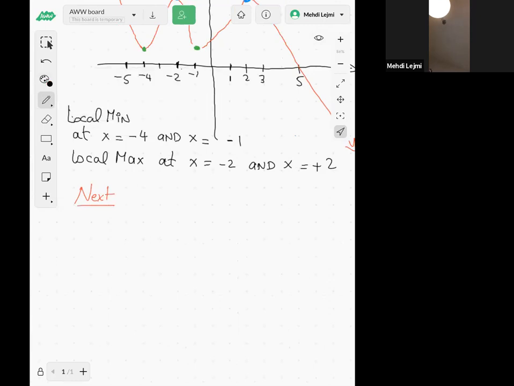So sometimes functions can be described with more than one equation.